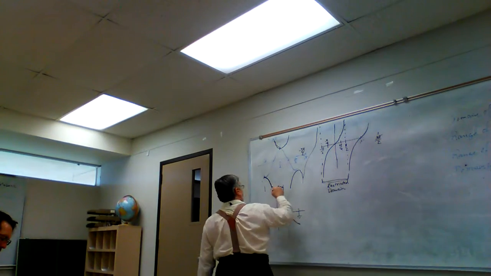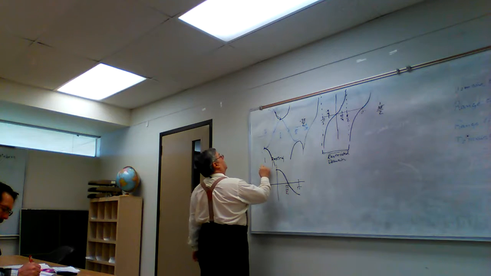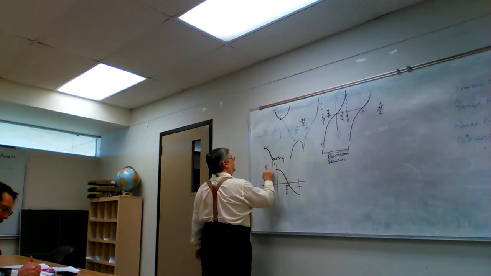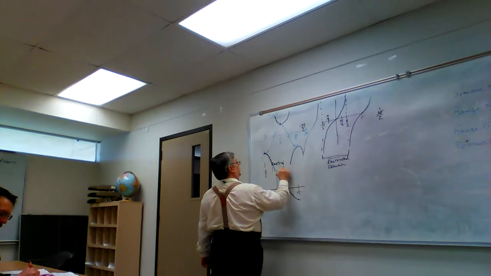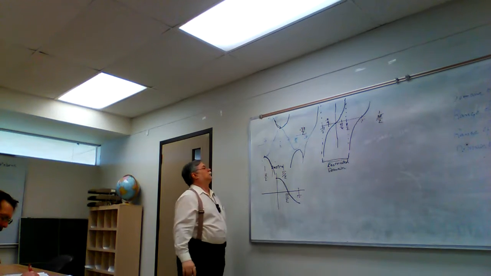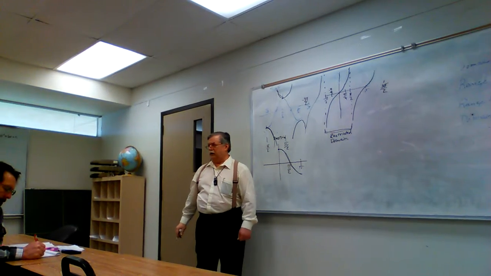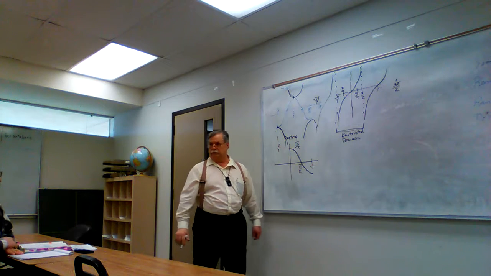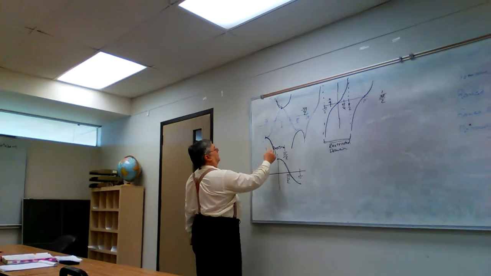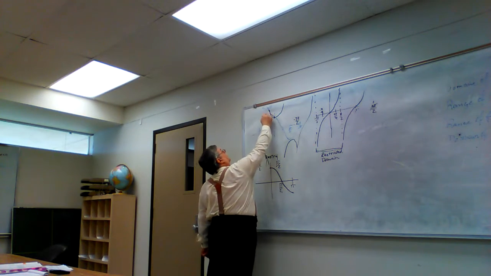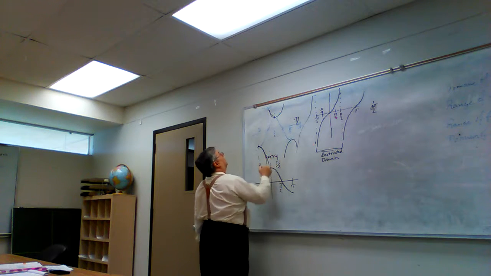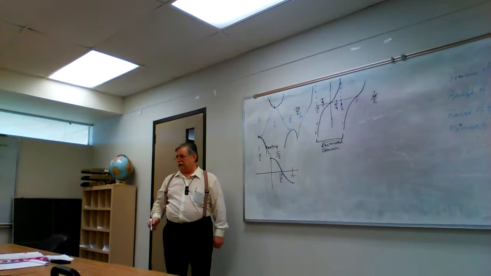Now we're going to use this same restricted domain of minus pi over 2 to pi over 2 for creating an inverse cosecant function. And look what's happening. Right here at 0, at x equals 0, or theta equals 0, cosecant is undefined.